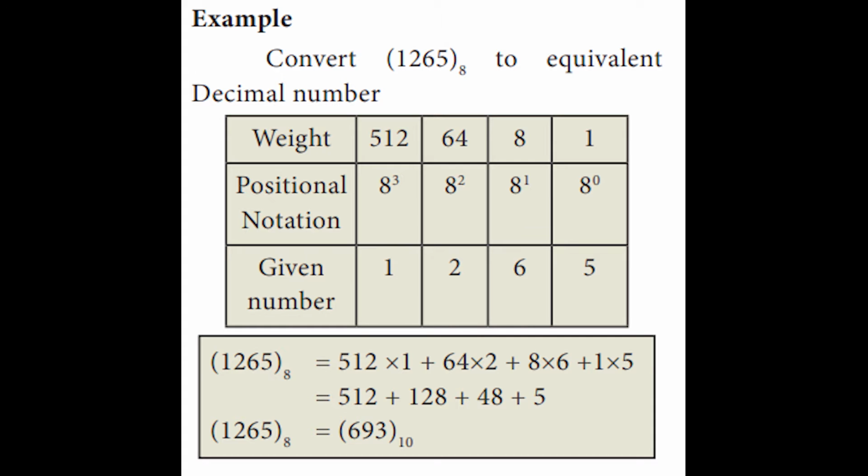Now we add these values: 512 plus 64 into 2 is 128, plus 8 into 6 is 48, and 1 into 5 is 5. So 512 plus 128 plus 48 plus 5 is equal to 693. So the decimal value for the octal number 1265 is 693.